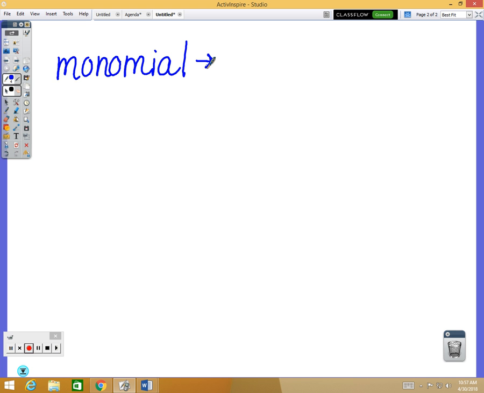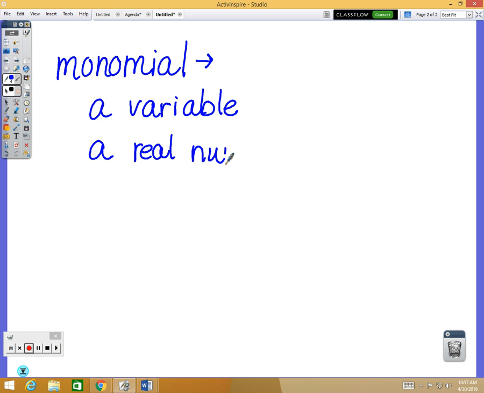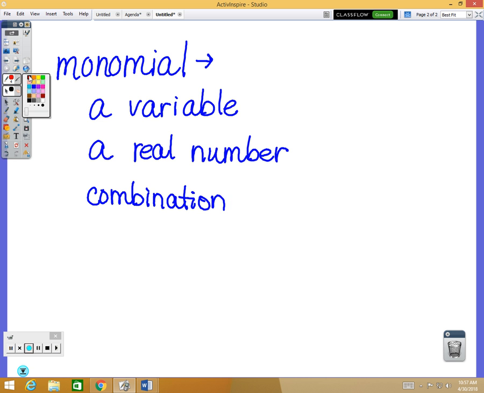And it can be a variable, a number, a real number, or it can be a combination of those. And I'll give some examples of monomials.